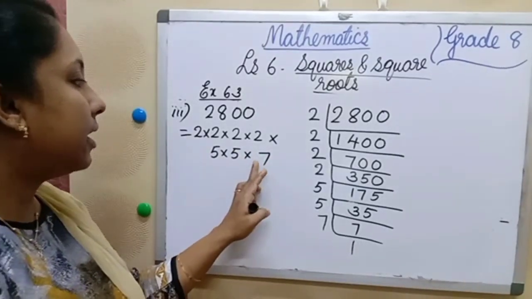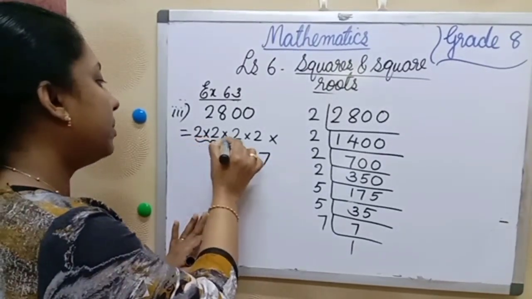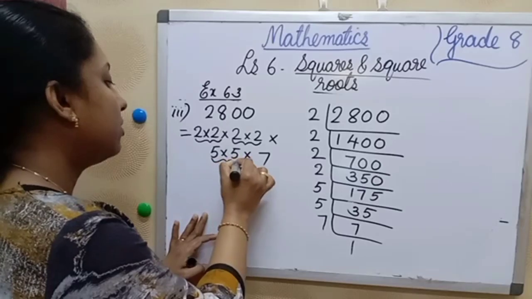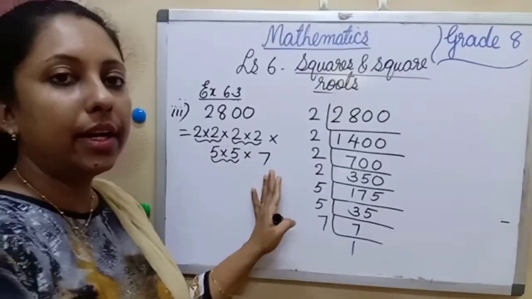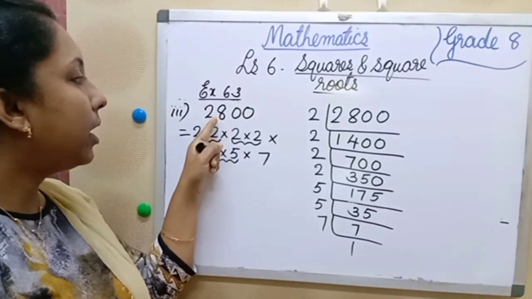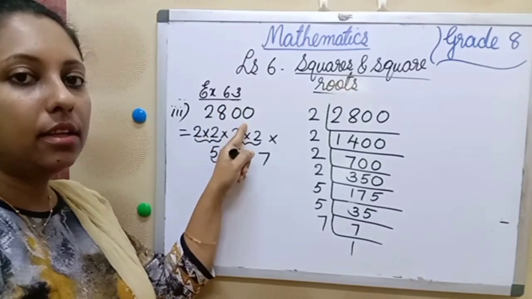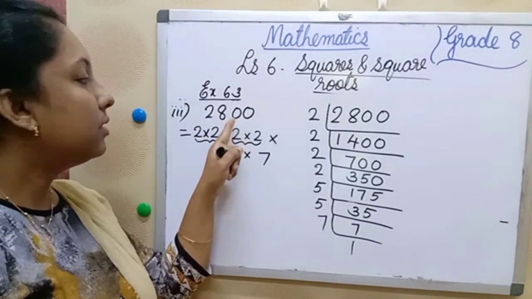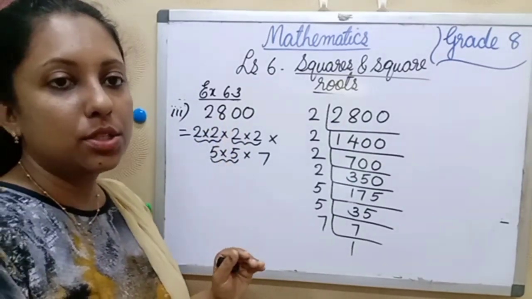So except 7, the rest of the numbers are in pairs. So which number do we have to divide? What is the smallest number by which we divide 2800 so that it will become a perfect square?